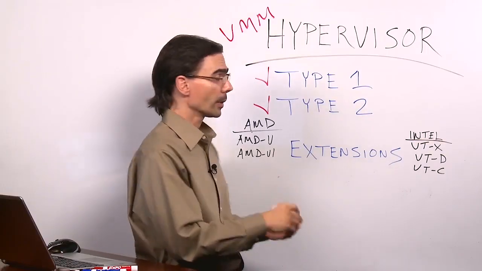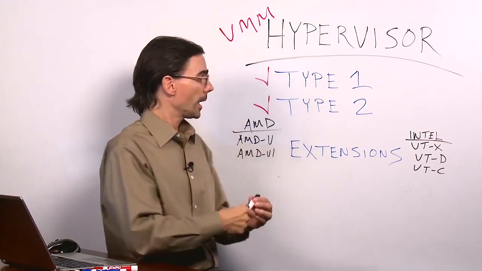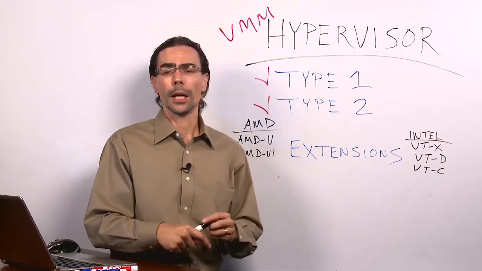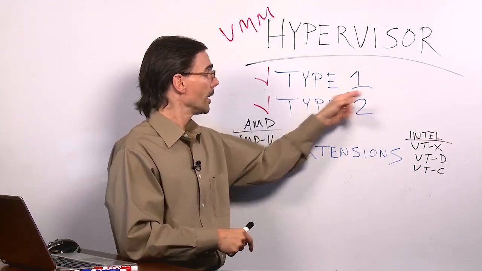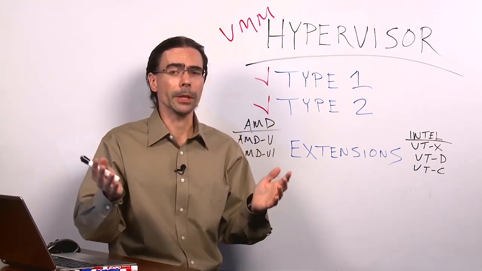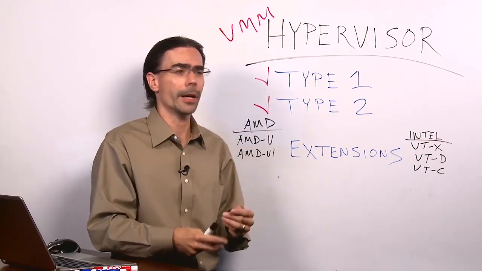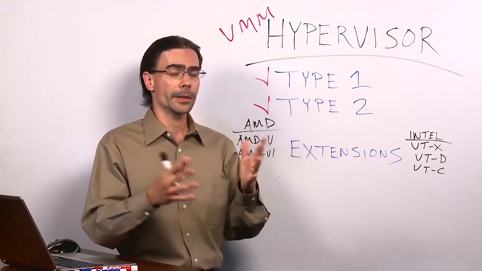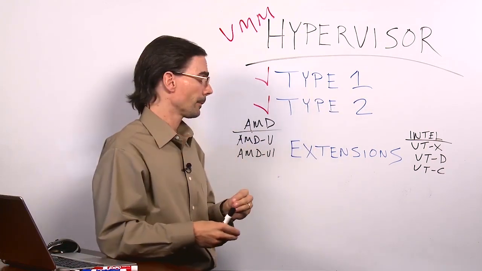Just again, you need to make sure that the CPU you're using can handle these extensions, has these extensions available to you. Quite often on a Type 1 hypervisor, you can't just use any old CPU. You can't just get yourself a Core i5 and think that it's going to work. You may need a specific type of CPU like a Xeon CPU.